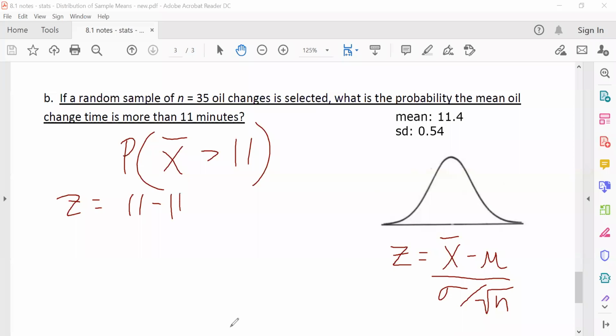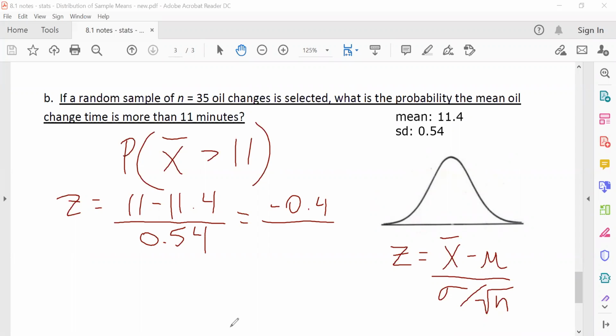Minus 11.4, all over, we already calculated that sigma over square root of n as 0.54. So we just got to do that calculation. We're going to get a negative number on top, which means the entire z-score is going to be negative. That's fine.